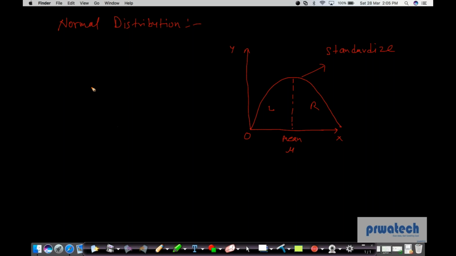Normal distribution is also known as the Gaussian theorem, because there was a scientist named Gauss. He designed this theorem, and hence we call it the Gaussian theorem. It looks like a bell curve, right? It looks like a bell curve, hence this is also known as a bell curve.